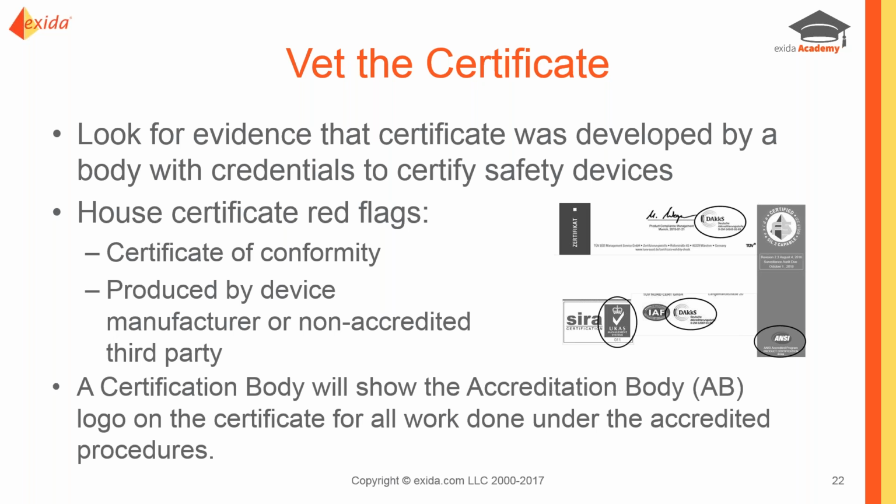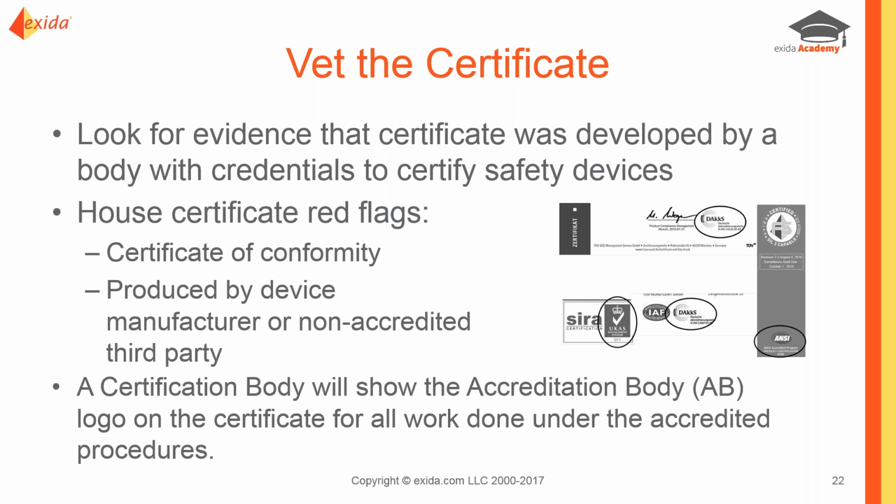So how do we know what people are accredited for? Well, you're going to see if a certified body is accredited, they will be able to show the accreditation body logo on their certificate. And we've got some examples here in the pictures.